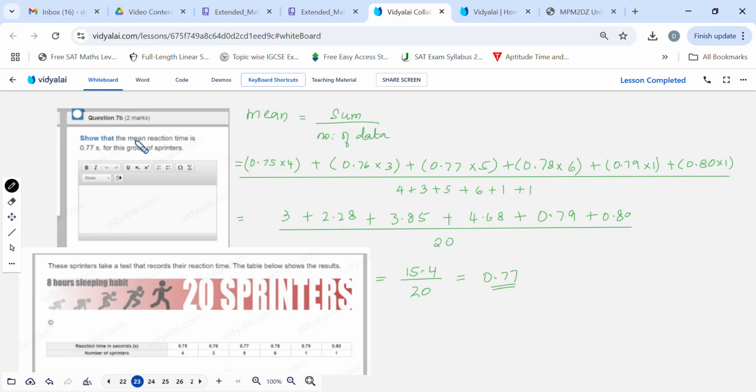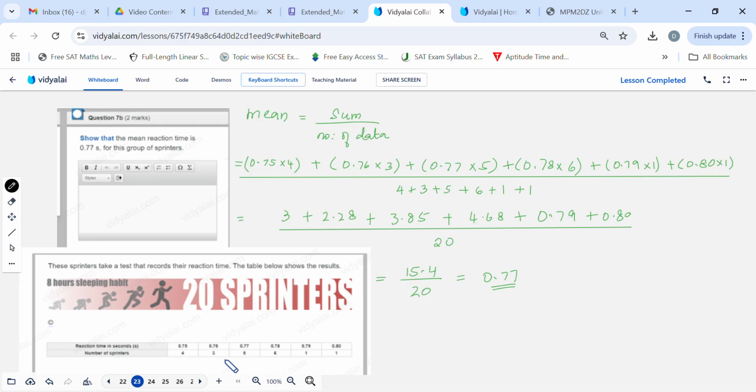Now show that the mean reaction time is 0.77 seconds for this group of sprinters. So we know that mean is the sum of the data by the number of data. The sum of the data means 0.75, which is repeated 4 times, so 0.75 into 4, plus 0.76 into 3, plus 0.77 into 5, plus 0.78 into 6, plus 0.79 into 1, plus 0.80 into 1, divided by the number of data, which is 20 sprinters.